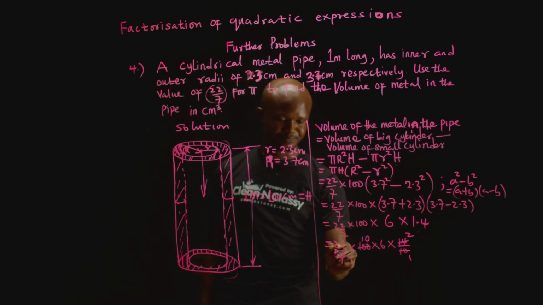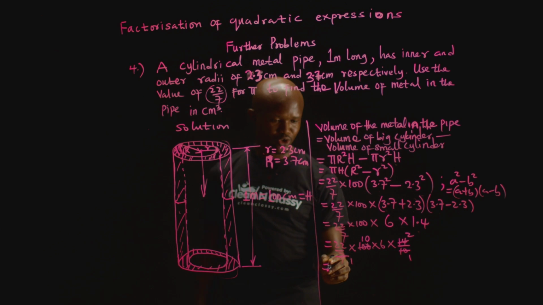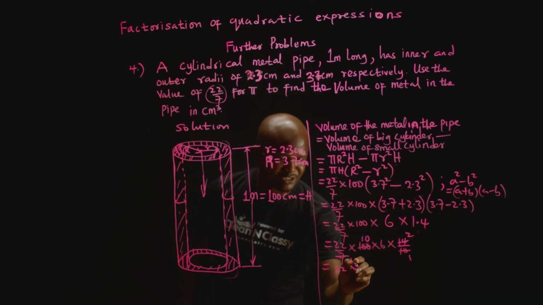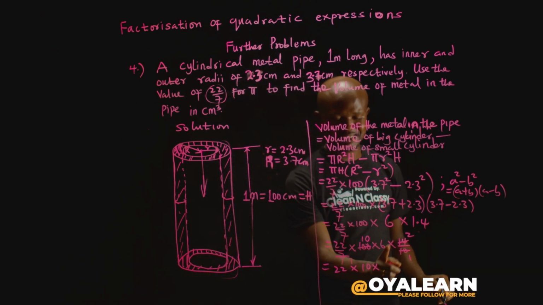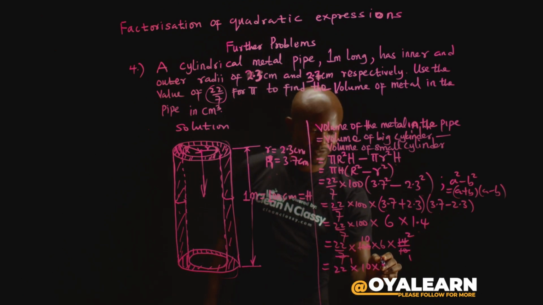We now have 22 times 10 times 6 times 2, and 6 times 2 is 12.